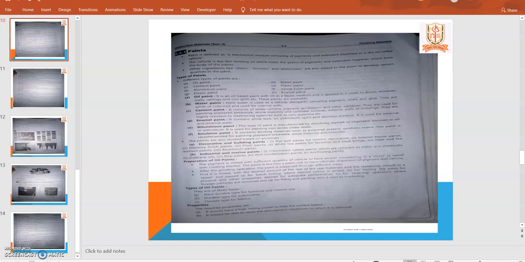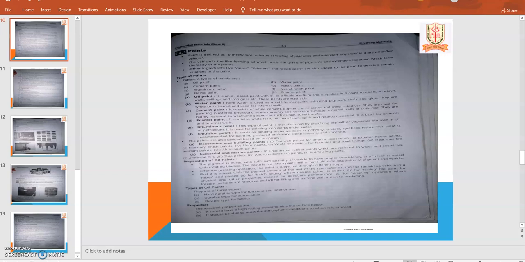First it is mixed with the desired amount of the rest of the raw materials and remaining vehicle in a mixer. Then batch tinting where the desired color is added. Then testing the paint for the physical and other properties desired for adequate performance. Then straining operation where the foreign particles are removed, and filling and packing with a view to marketing. So these are the steps for the preparation.